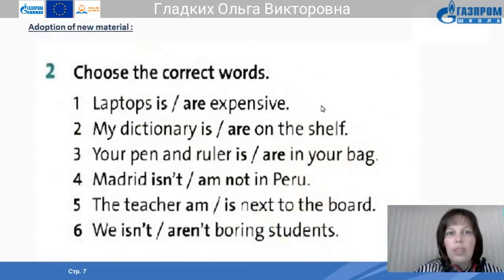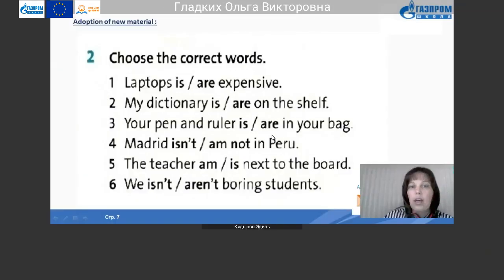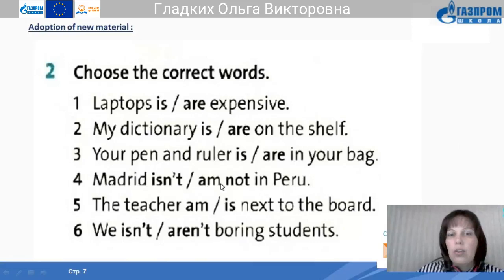So, next, my dictionary is or are on the shelf. Is. Yes, you are right. Next, your pen and ruler is or are in your bag. Yes, you are right. Next, Madrid isn't or am not in Peru.